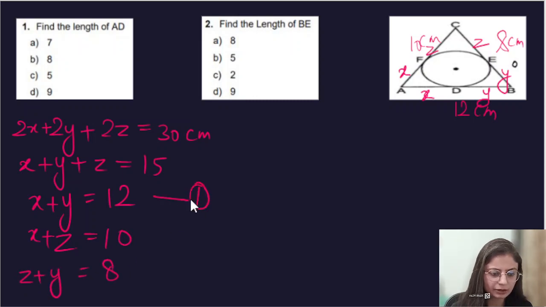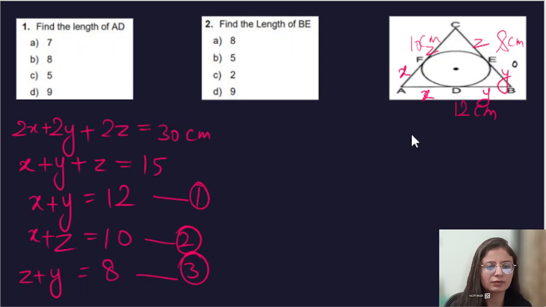So let's mark these equations as 1, 2 and 3. Let's use these three equations to find the value of X, which is AD. So X plus Y is 12. Now let's subtract the second and third equations.